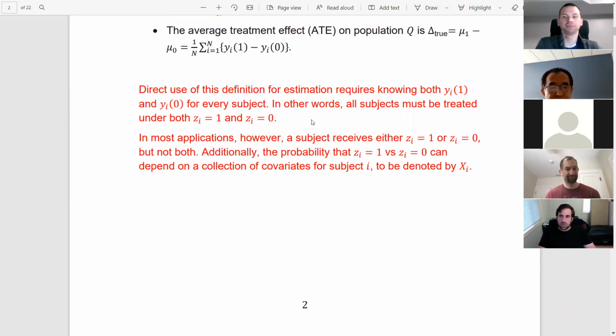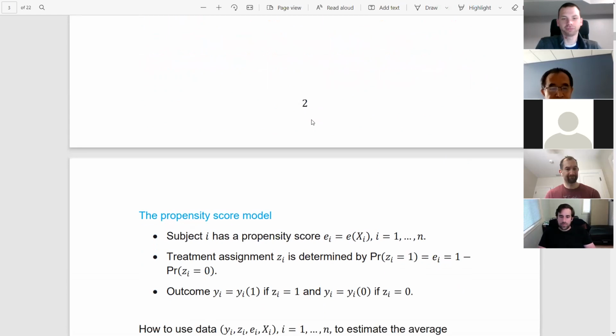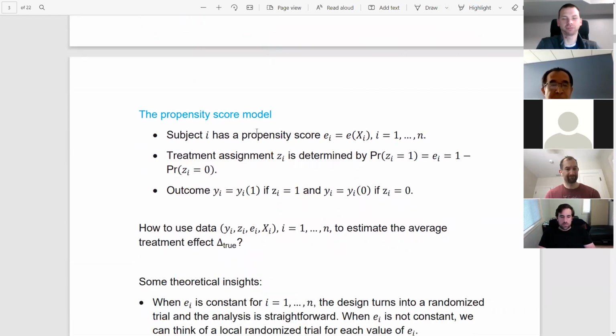Now let's look at the propensity score model. The propensity score model just says each subject i has a propensity score ei. This ei is a function of the predictors, which we call Xi. So the propensity score is determined by this vector of predictors.